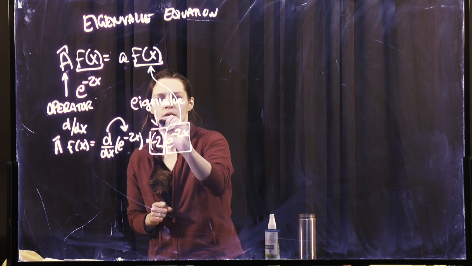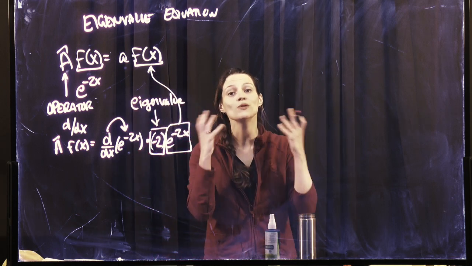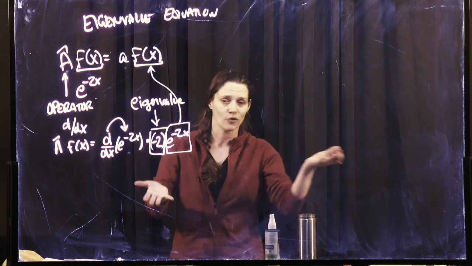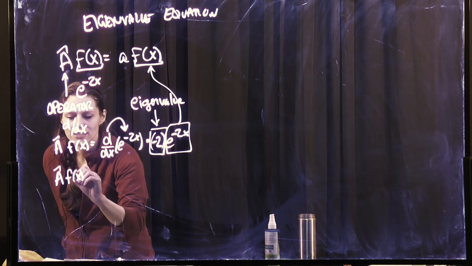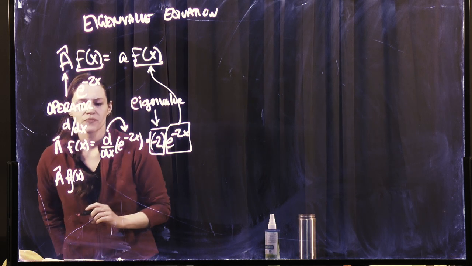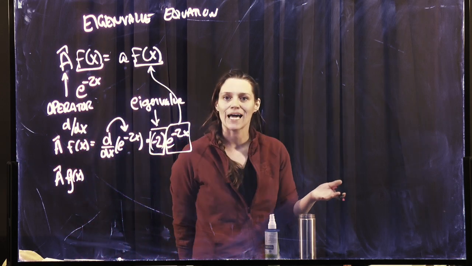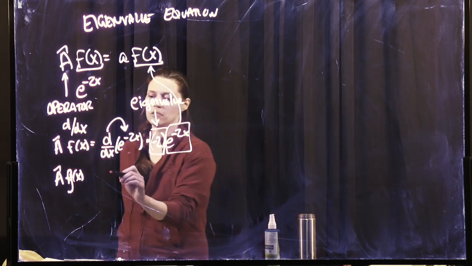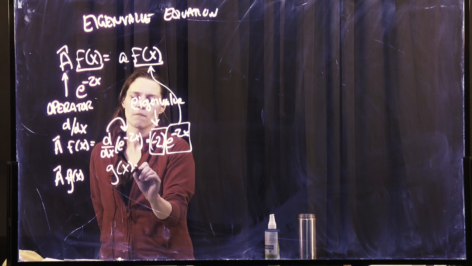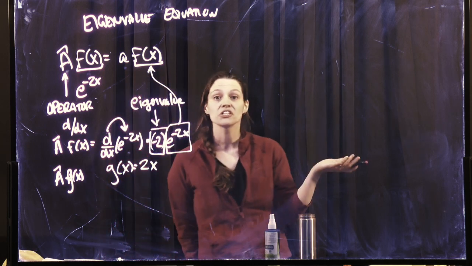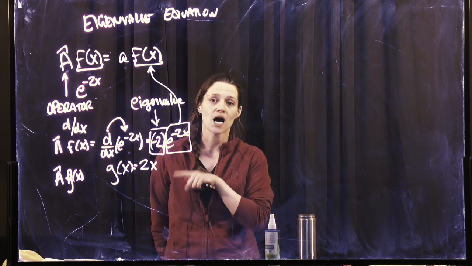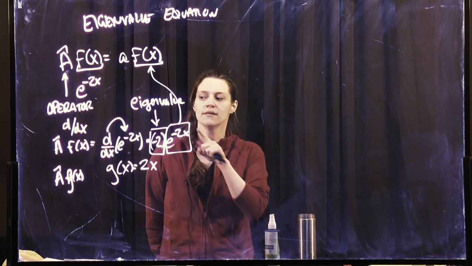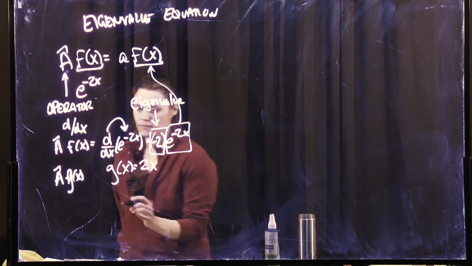Okay? Let me show you an example when you do not have an eigenfunction equation. So A, f of x, actually let's call this g of x. Let's say that A is still d/dx, but let's say g of x equals 2x. Why not? All right, so go ahead and operate on 2x with our operator, and I'll do the same.